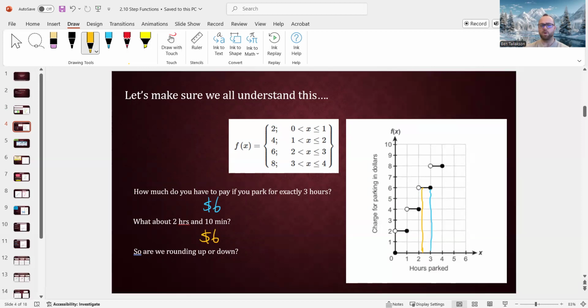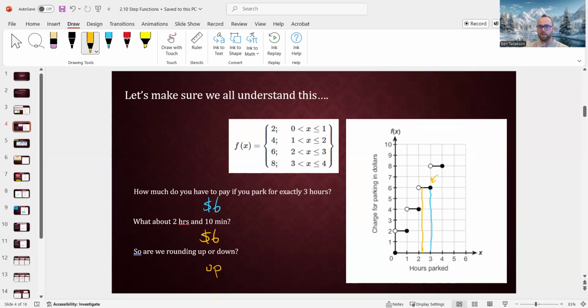Interesting. So are we rounding up or down? Well, clearly we're rounding up, which is not so good for the customer, but good for the company, right? Because think about it. If you stay 1 minute past 2 hours, you're going to pay $6. So the person, who do you think was happier here when they got their parking ticket when they left and they had to pay it?